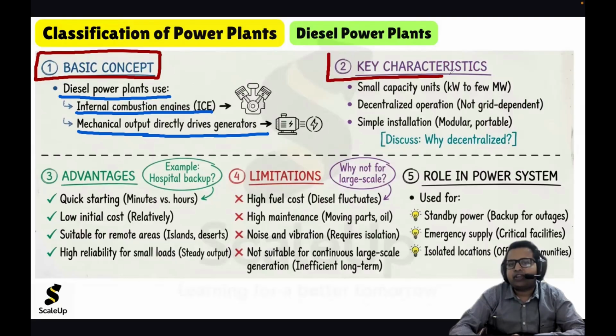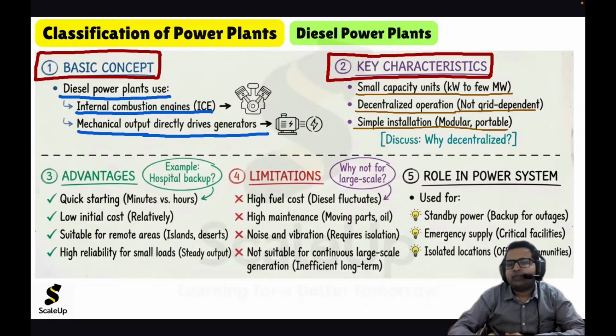If we talk about the key characteristics of diesel power plants: small capacity units, kilowatt to few megawatt, decentralized operation, it is not at all dependent on the grid, and very simple installation. It is very modular and portable.